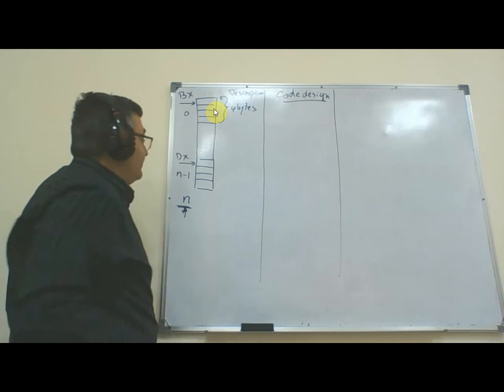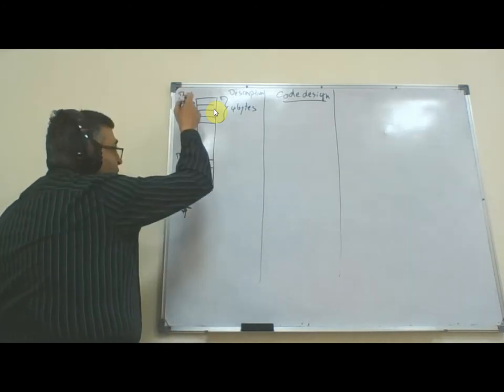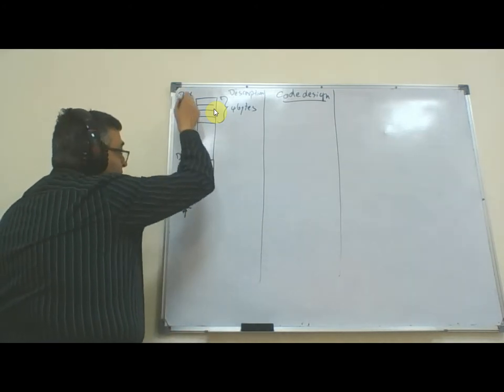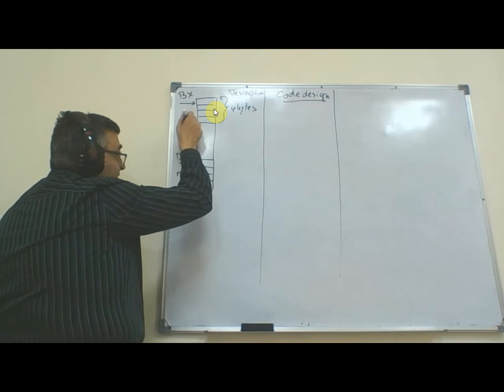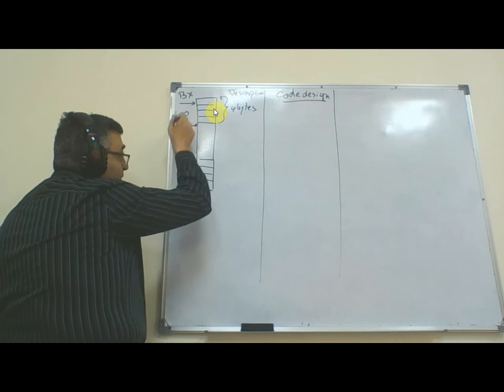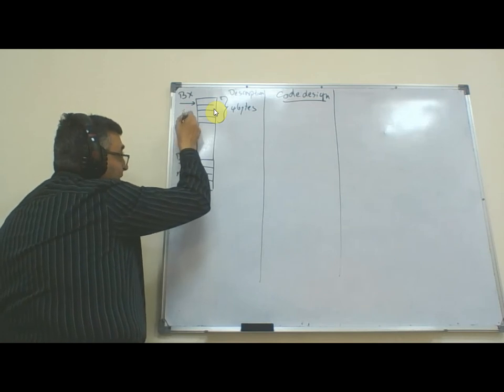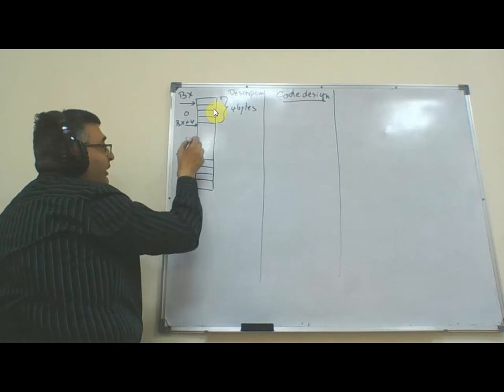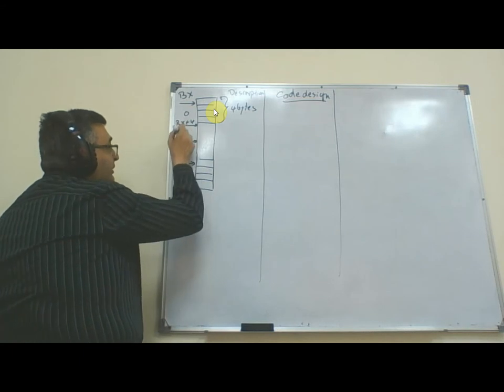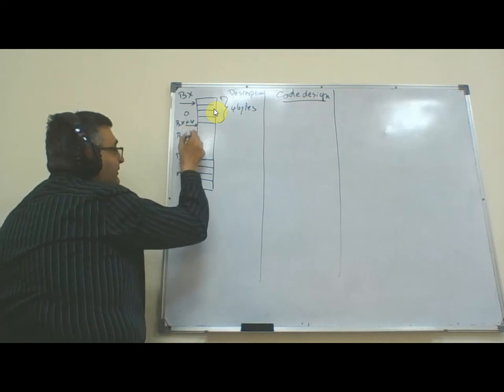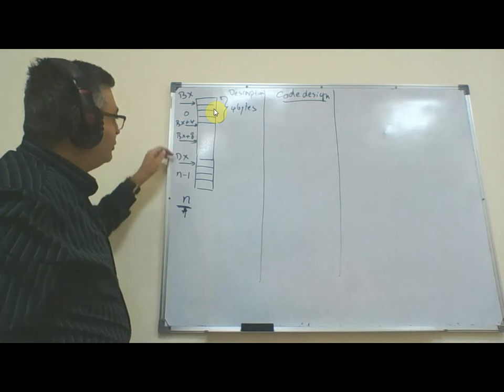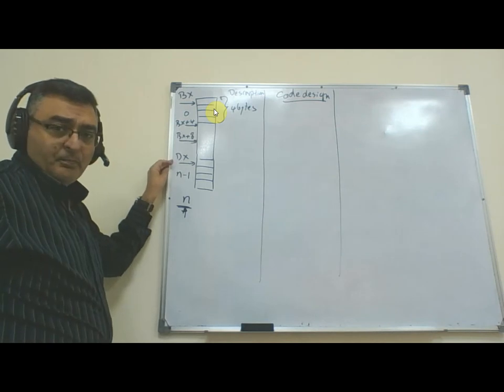So that means the first element is at Bx, the second element, which is element number 1, is at Bx plus 4, then Bx plus 8, until I reach Dx.